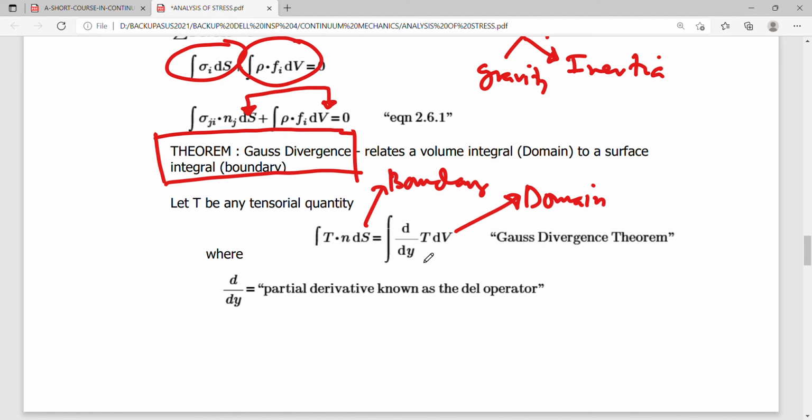Okay, so you are now relating a derivative of the tensor with the tensor itself, but there's an additional multiplication, a dot product on the normal vector defined in terms of the surface area of reference, ds. Okay, take note that the d/dy is simply the partial derivative, also known as your del operator. So the del operator is written in terms of an inverted triangle like that.